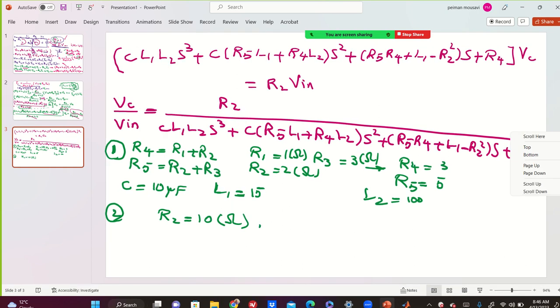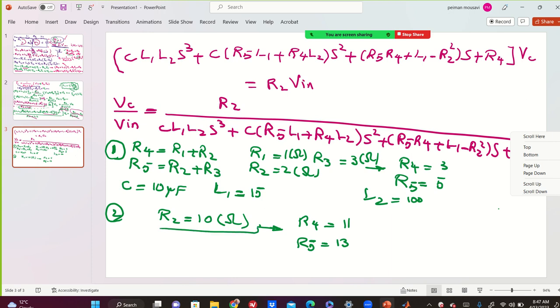Hold on, guys. By selecting R4, R2, then R4 is going to be R1 plus 10, which is 11, and R5 is going to be R2 plus 10, which is 13.